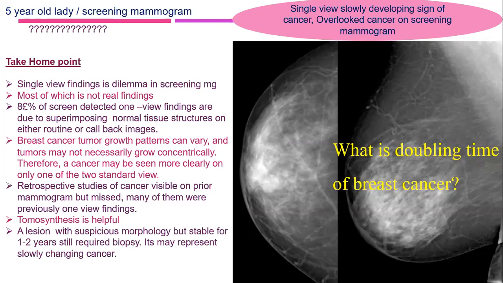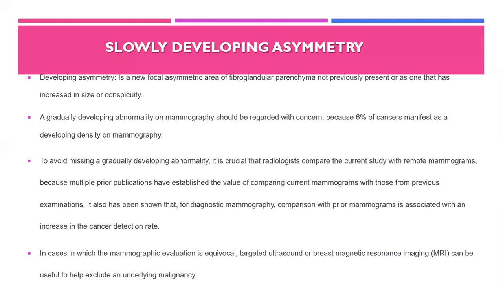Yes, you are right. It is from 44 to 869 days, which corresponds to 5 years. Up to 5 years, you might find cancer slowly growing. Okay, you can read it.